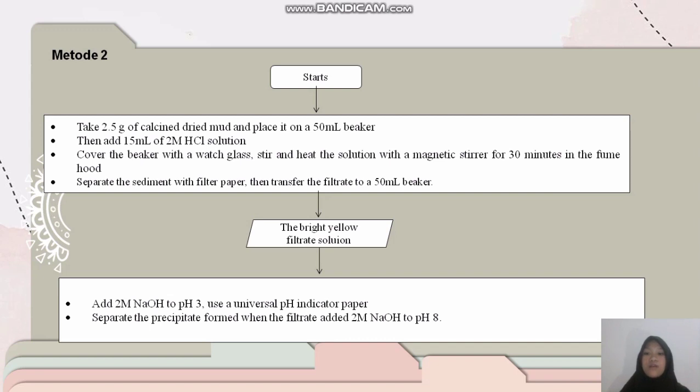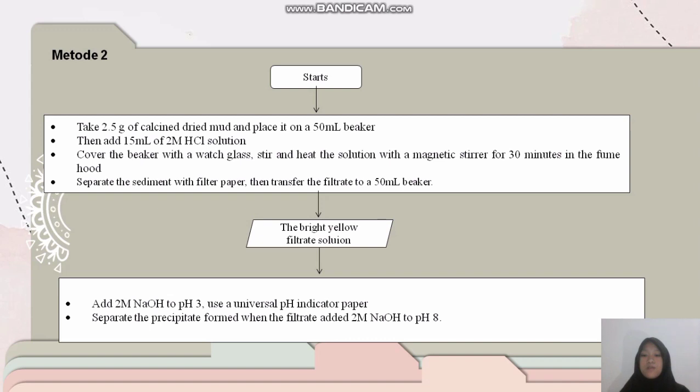Cover the beaker with a watch glass and heat the solution with a magnetic stirrer for 30 minutes in the fume hood. Separate the sediment with filter paper and transfer the filtrate to a 15 ml beaker. Product: bright yellow filtrate solution. Add 2 M NaOH to pH 3 using universal pH indicator paper.